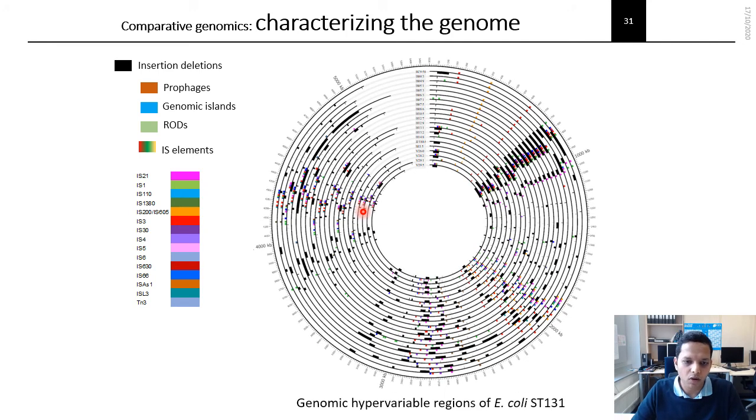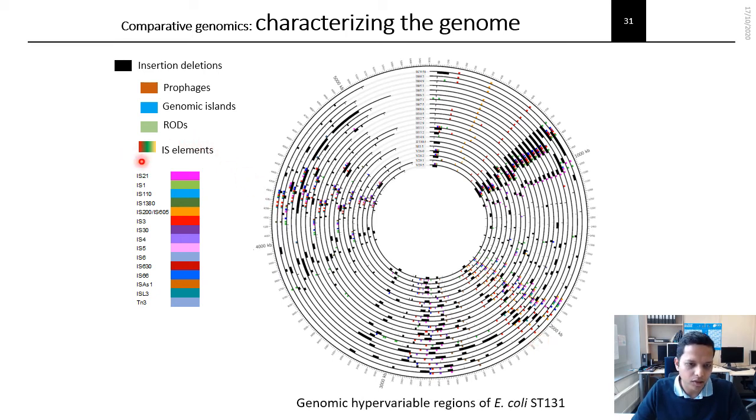Now when we map all the data to this chromosome, you can see, for example, here the IS elements got concentrated at the insertion deletion sites, and at almost all places the insertion deletion sites got concentrated with insertion sequence elements.